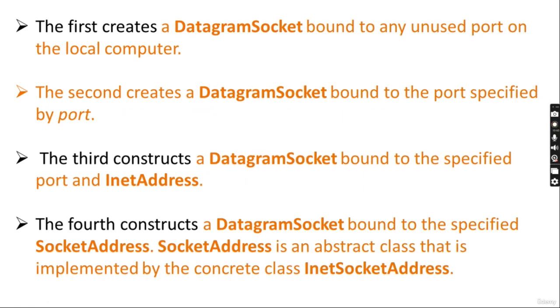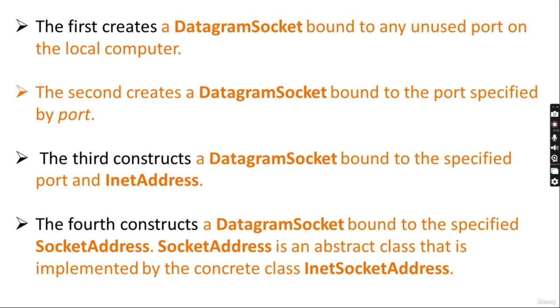The first creates a datagram socket bound to any unused port on the local computer. It is the very first basic constructor, the default constructor. Second creates a datagram socket bound to the particular port that you have specified as an integer.